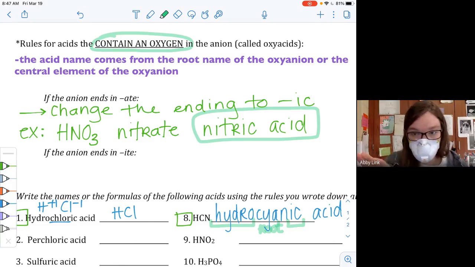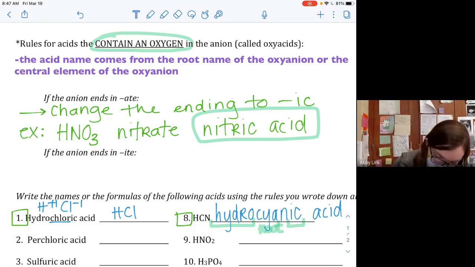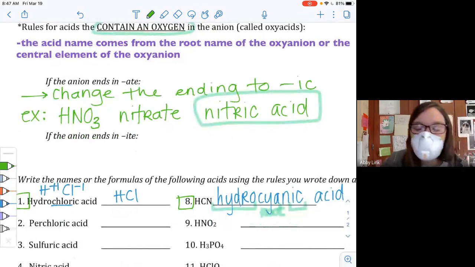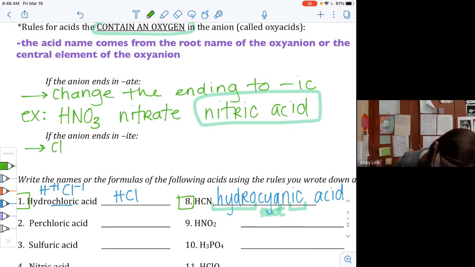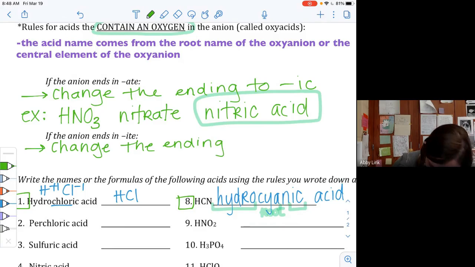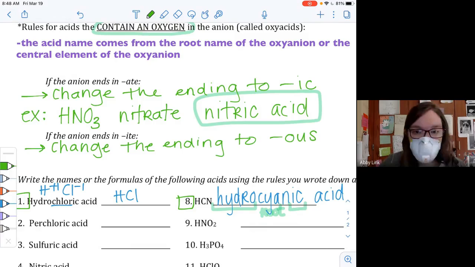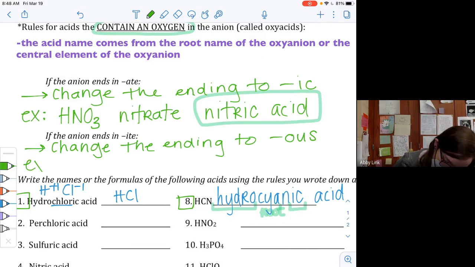That's it. All right. What about when we have the anion or the polyatomic ion ending in ITE? We are going to change the ending to OUS. Okay, let's do another example. We'll do one very similar to HNO3.